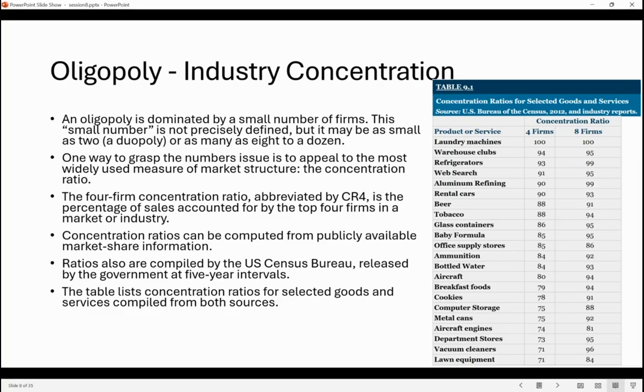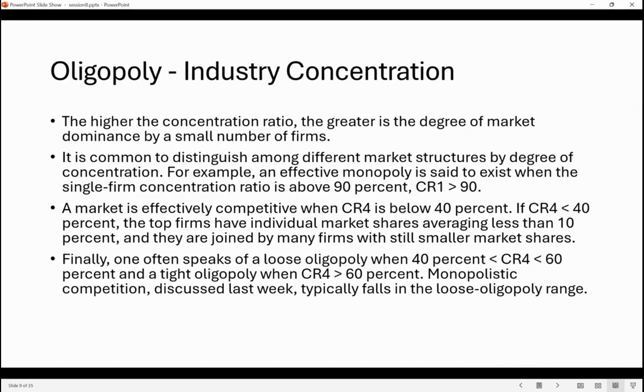Now, let's see how, based on this ratio, we can call a market an oligopoly. This is just a rule which is accepted by everyone. We usually say if CR4, the concentration ratio, is below 40%, we call that market perfect competition, right?